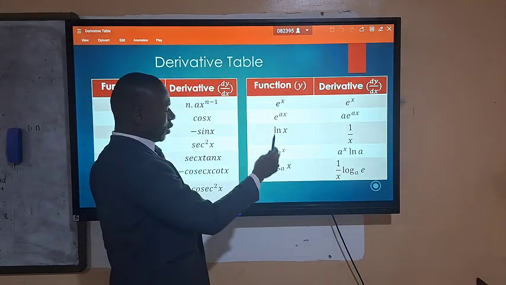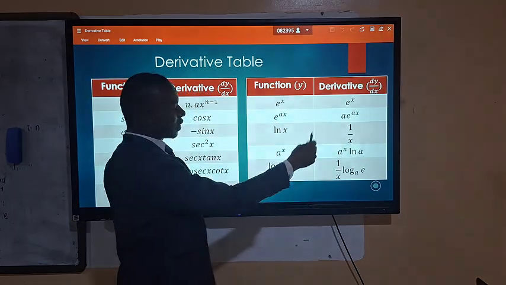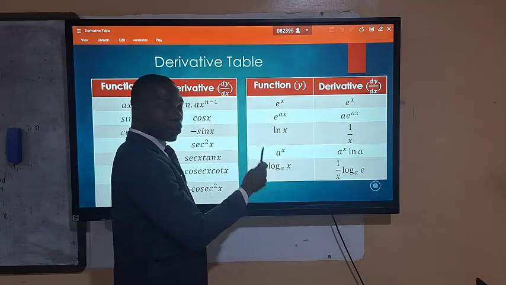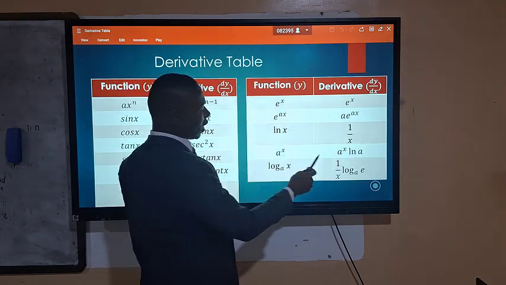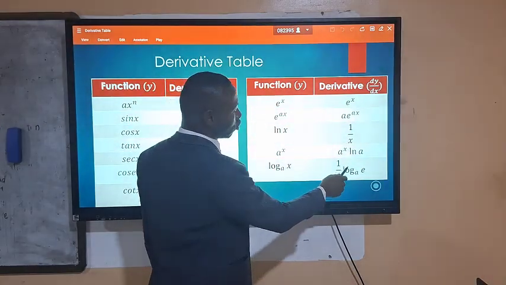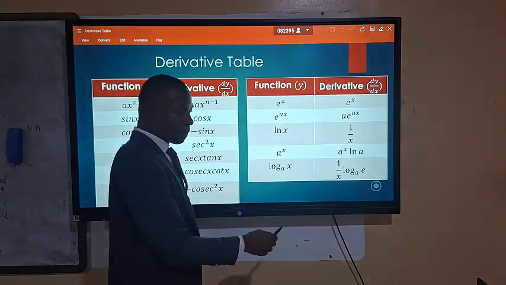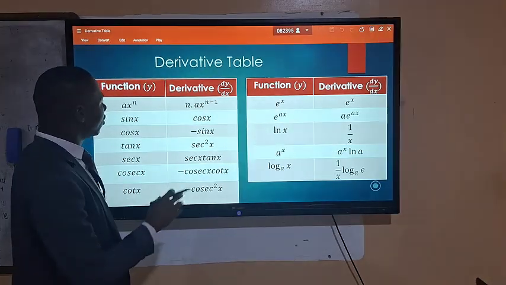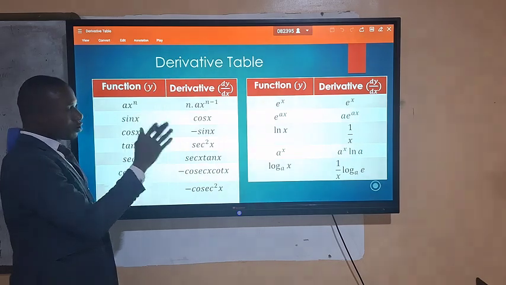If you differentiate a number raised to power x, for instance 2 raised to power x, this is what you get. When you differentiate log x to a different base, then that will give you 1 over x into log e base a. Okay? Now, but in this video, we shall be looking at only the trigonometric functions.